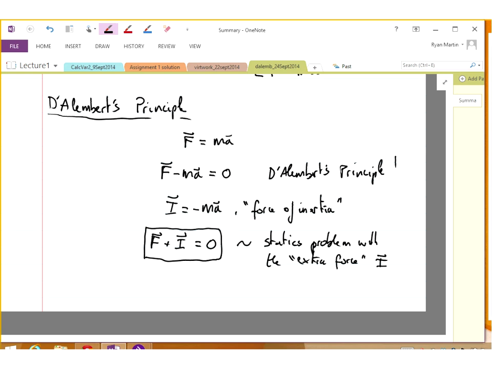And that's really the key thing, that you can do all of the things of statics to dynamical situations as long as you include this additional inertia force.